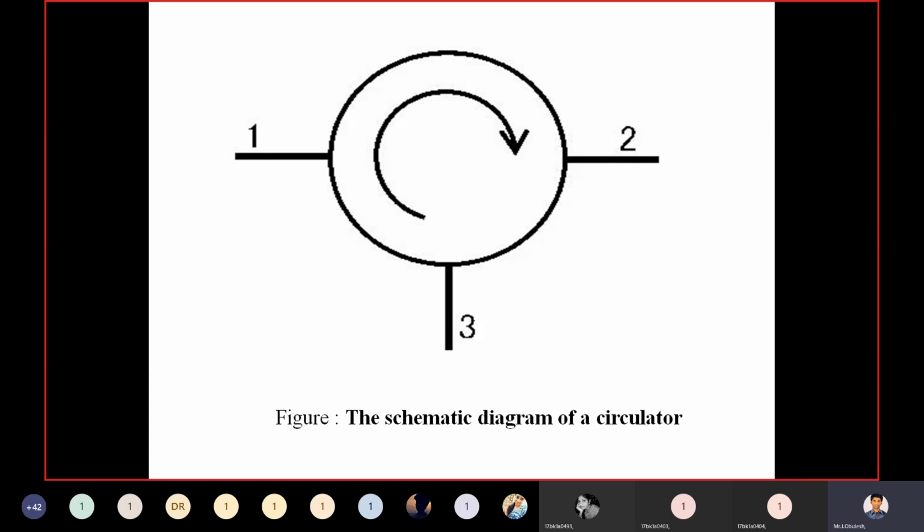Which means the communication of the magnetic field toward the ferrite material within the circulator makes the magnetic field related to the flow of water in the cup.